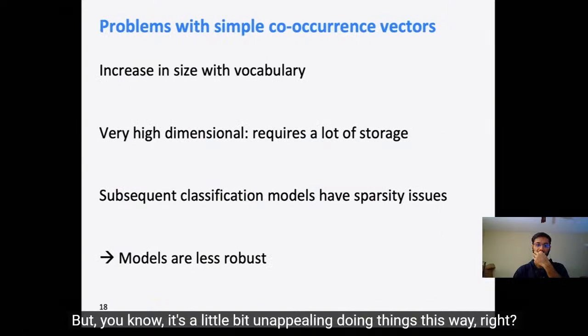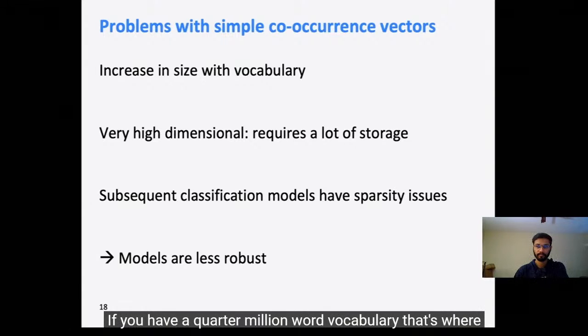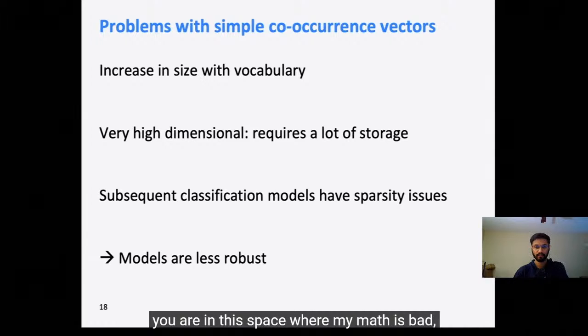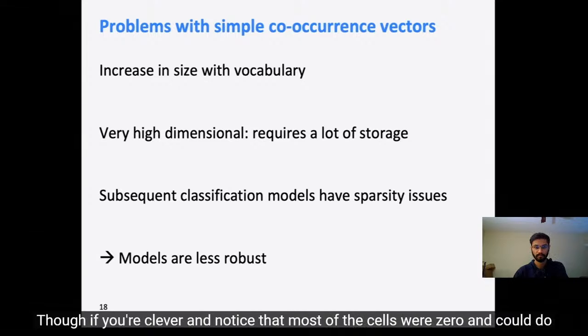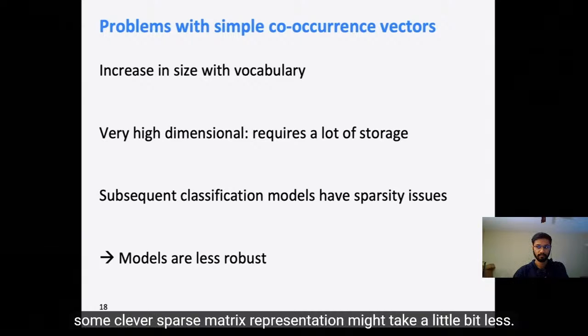But it's a little bit unappealing doing things this way, right? If you have a 250,000 word vocabulary, my math is bad, but it's in the trillions for the number of cells of this matrix. It might require a lot of storage, though if you're clever and notice that most of the cells are 0 and use some clever sparse matrix representation, it might take a little bit less.